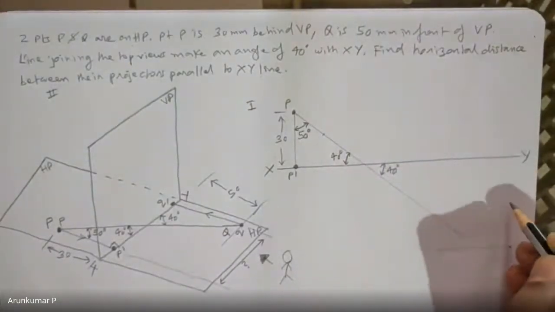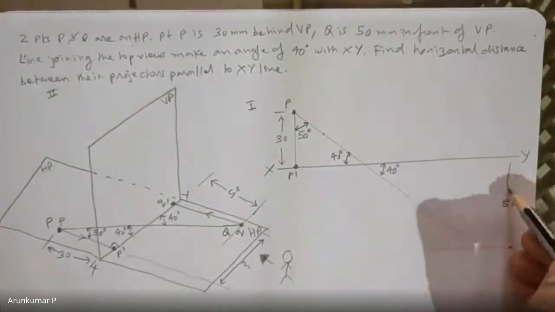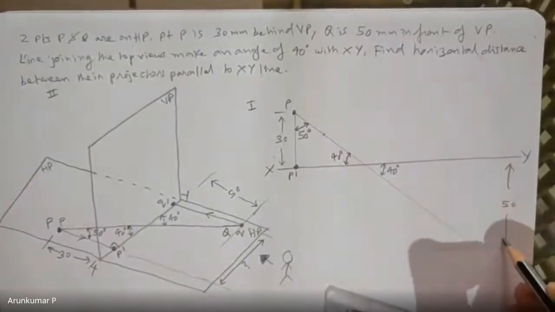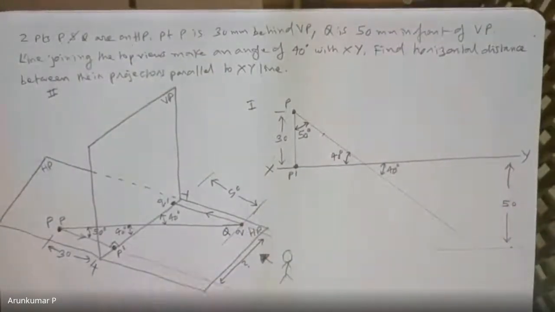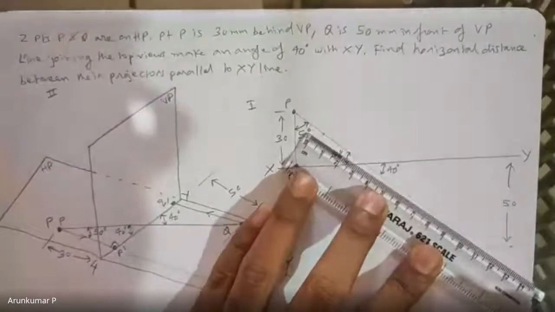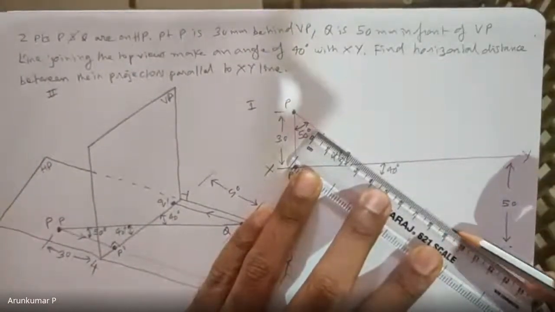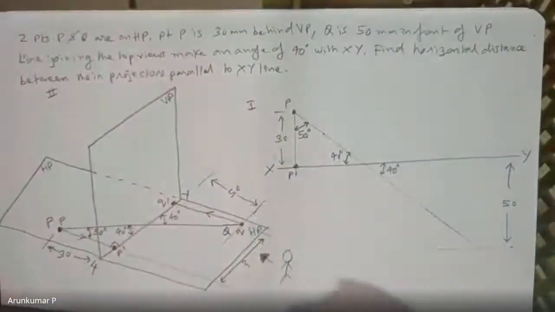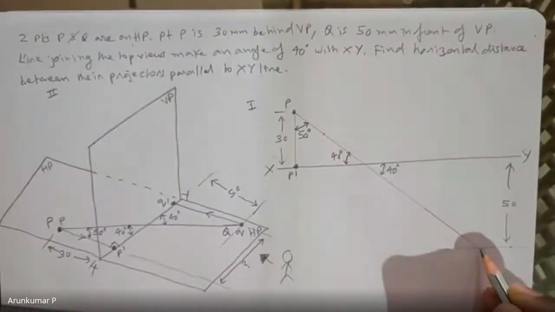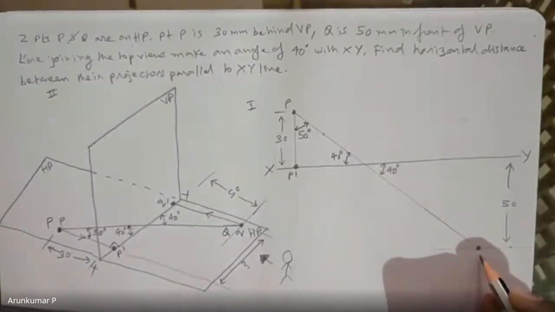This line is at a distance of 50 mm from XY line. Now extend this 40-degree line so that it intersects this line which is at 50 mm from XY line. Where the intersection happens, that point is the top view of Q.